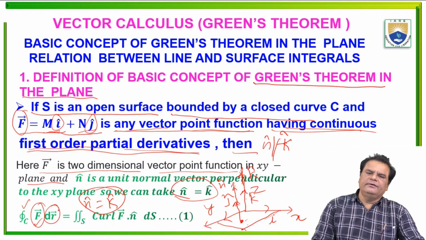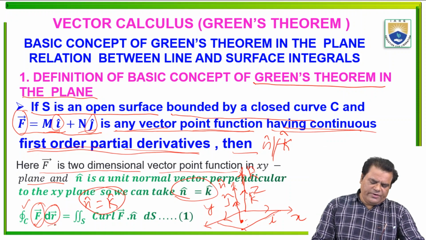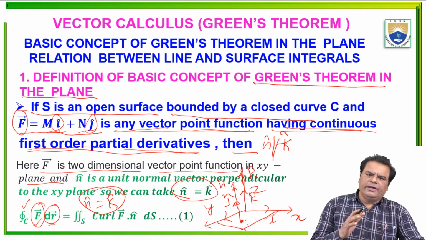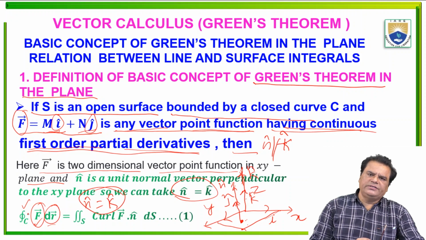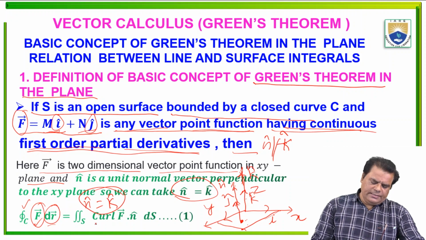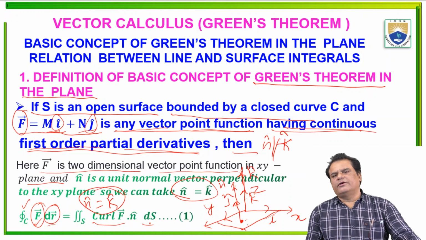The dr vector is the differentiation of the position vector at any point P. This equals the double integration under surface S of curl F dot n dS. This is the formula for Green's theorem.